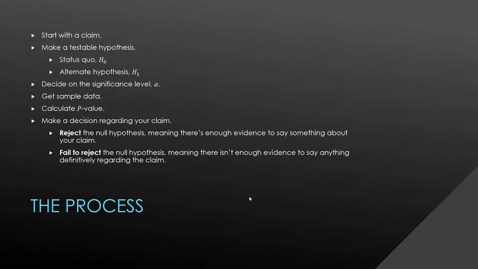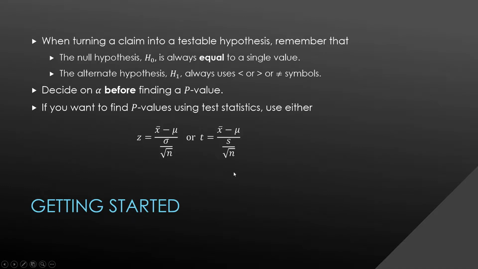And more often than not, unless you claim equality, your null hypothesis, if rejected, makes you support your claim. But either way, whether you're making a claim for equality or inequality, you will be able to reject the null hypothesis, giving you something definitive to say, or that won't happen. That's what's going to happen here.